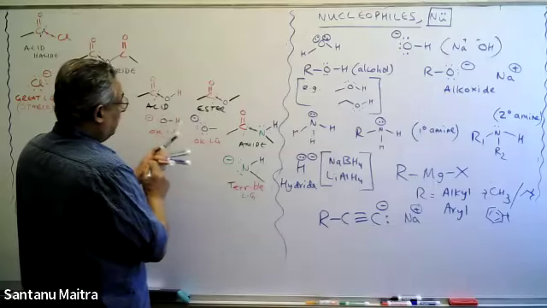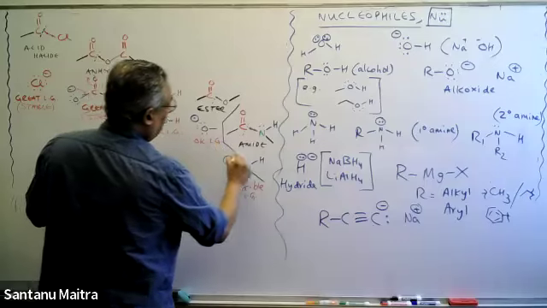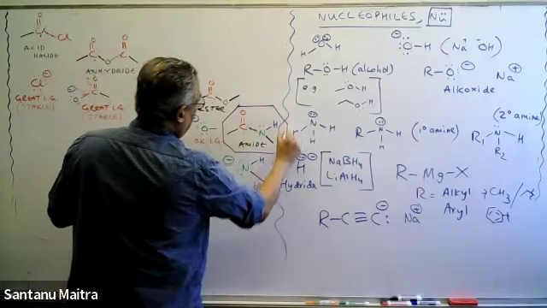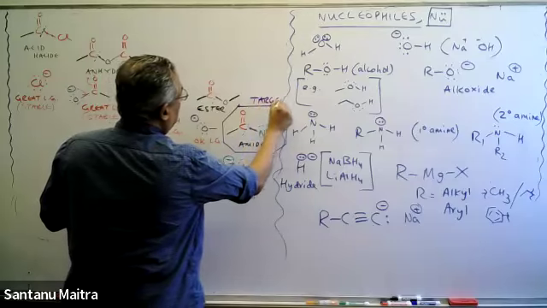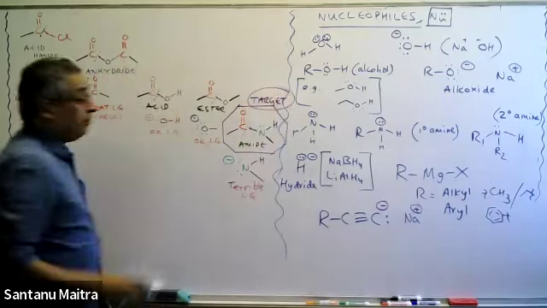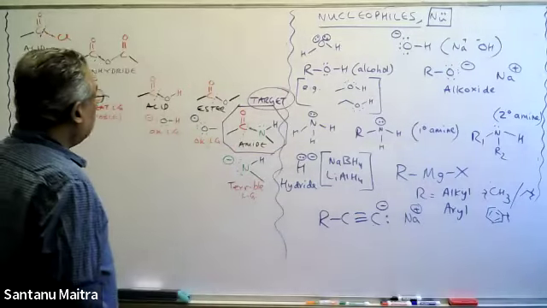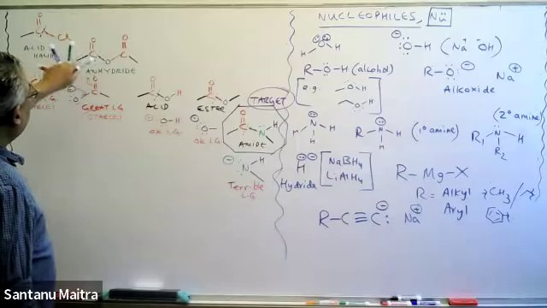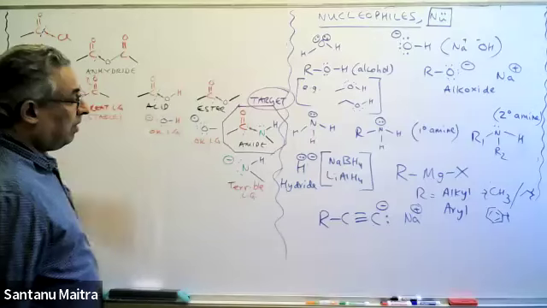So let's use a color that's kind of prominent. This is your target. Okay, you want to make that, right? You want to make this. Do you want to start from here? Do you want to start from an anhydride? Do you want to start from an ester? Do you want to start from an acid?